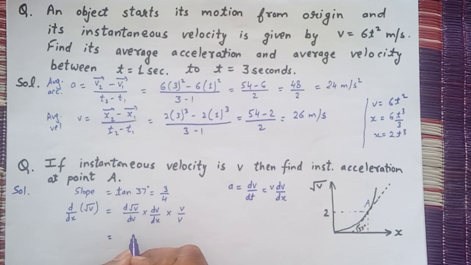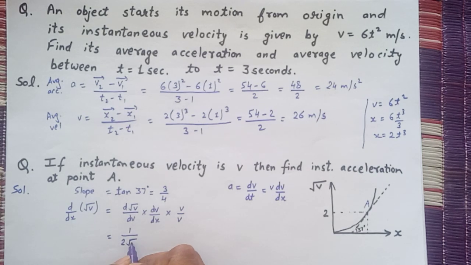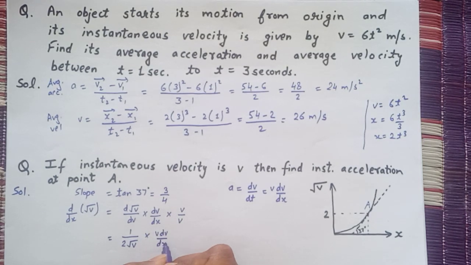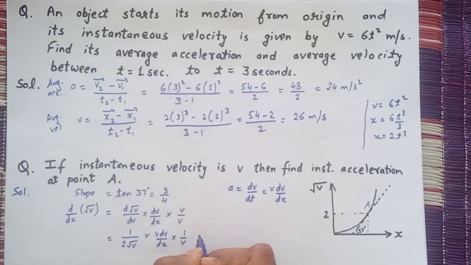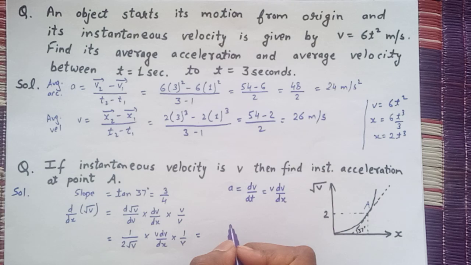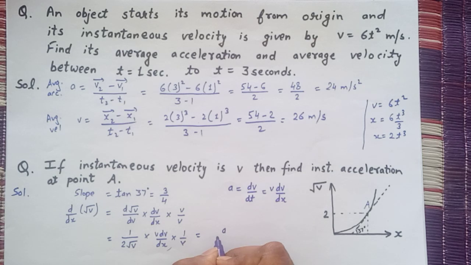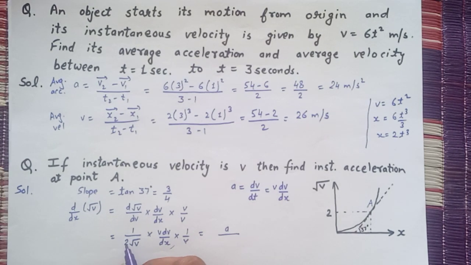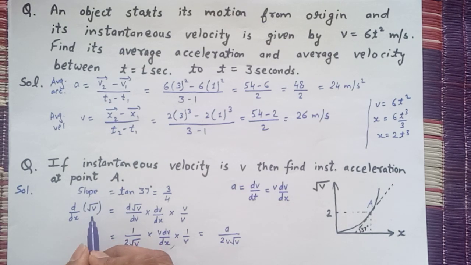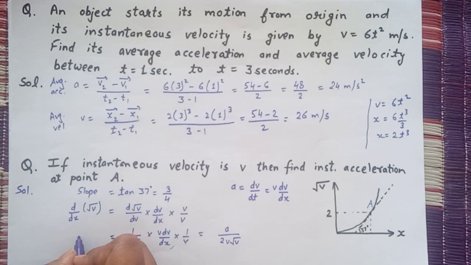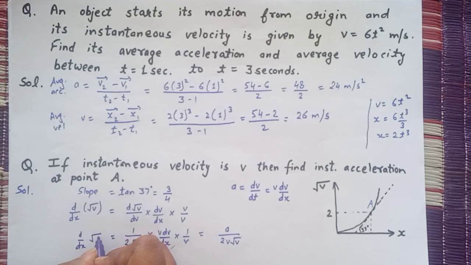So it will become 1 upon 2 root v, this is the differentiation of root v, and it will become v dv by dx, and this one is 1 by v. So after solving it, what I will get, v dv by dx is a, so it will be a upon 2v root v, and what is this? This one is slope, d by dx of root v, and it is slope.